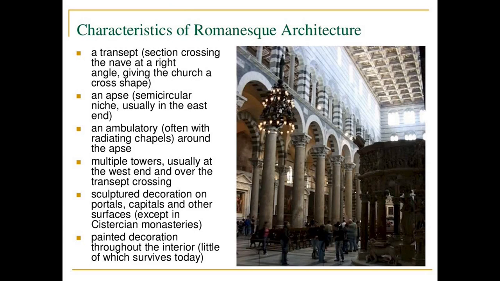Then I remind you about the Latin cross type plan, when the sides of the transept and nave are not equal, so when the nave part is longer than the transept, as usual. Also, we can see an ambulatory around the apse, and multiple towers, usually at the west and over the transept crossing.